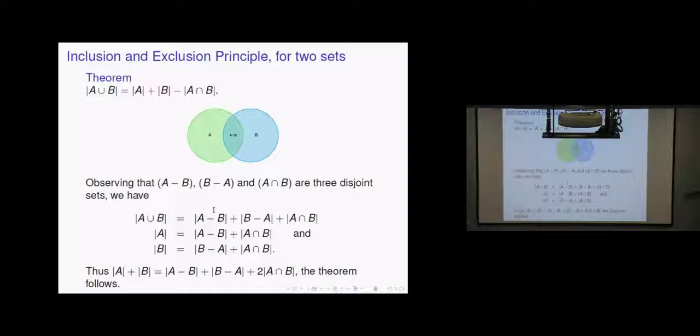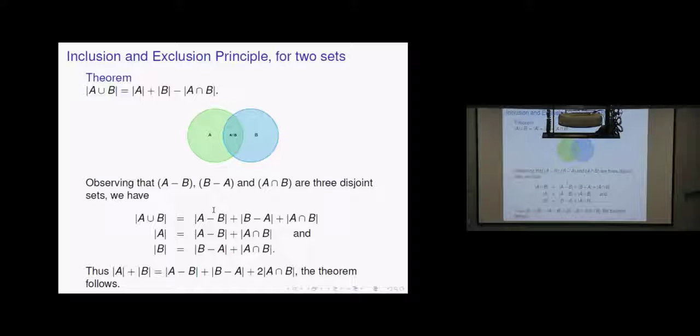So the size of A union B is the sum of the three parts, because they are disjoint. However, A is the disjoint union of the first two parts, so the size of A is the size of A take away B plus the size of A intersect B.